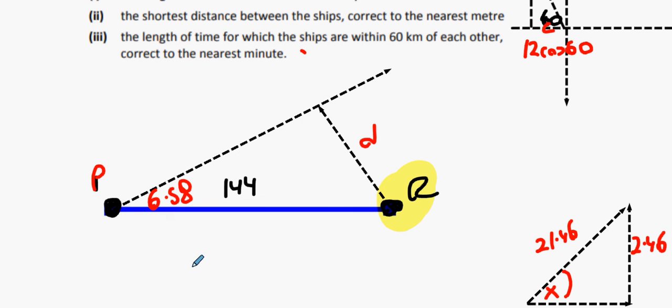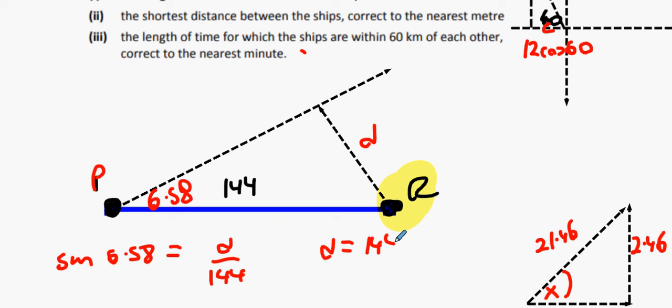So, opposite over hypotenuse is sine. So sine 6.58 equals D over 144. D on its own is 144 sine 6.58.